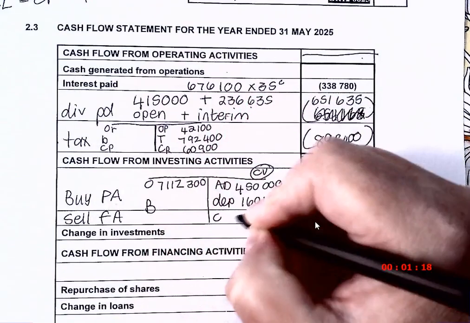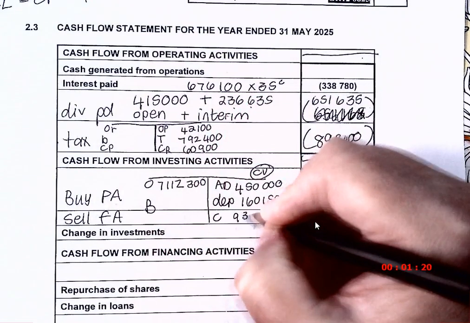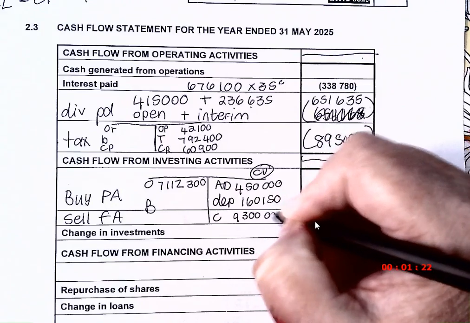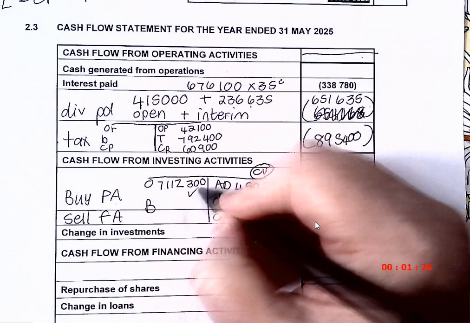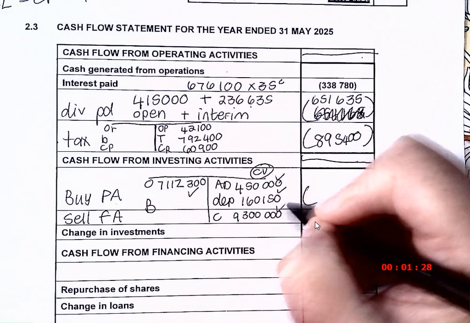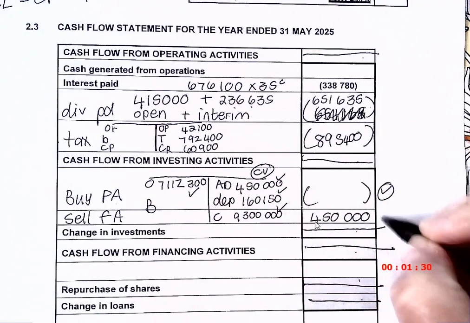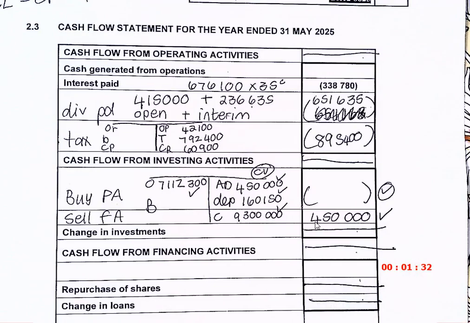The closing is 93. Okay. So this is 1, 2, 3, 4, 5 ticks, 6. 6 ticks there. Two, 7.